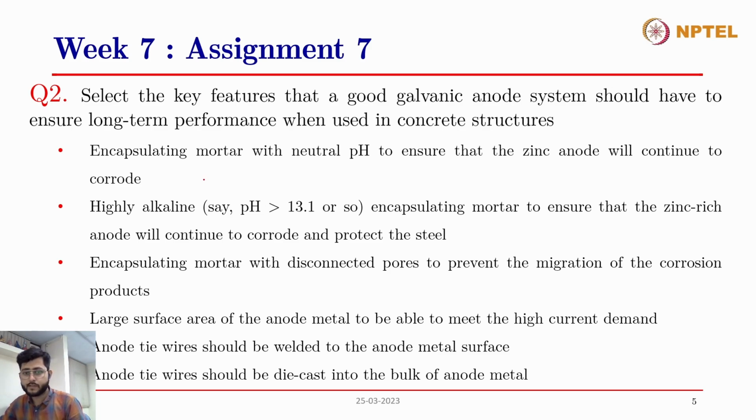Encapsulating mortar with disconnected pores to prevent the migration of the corrosion products. Large surface area of the anode metal to be able to meet the high current demand. Anode tie wires should be welded to the anode metal surface. Anode tie wires should be die cast into the bulk of the anode metal.